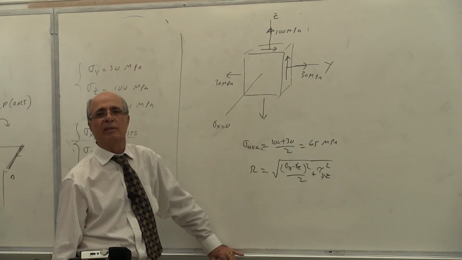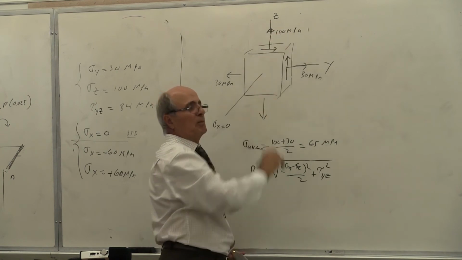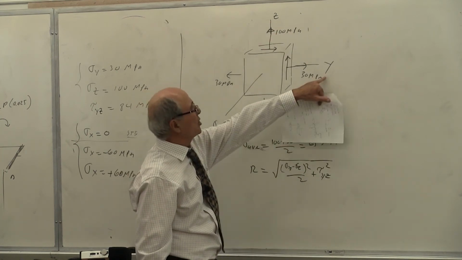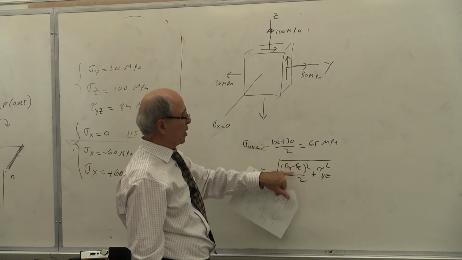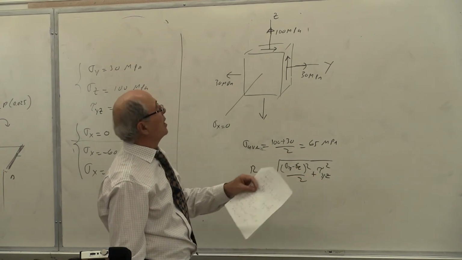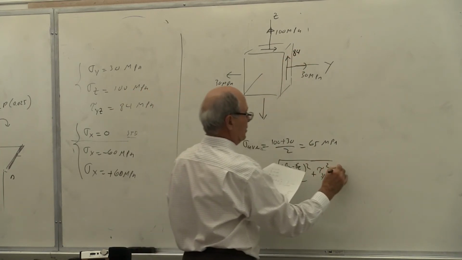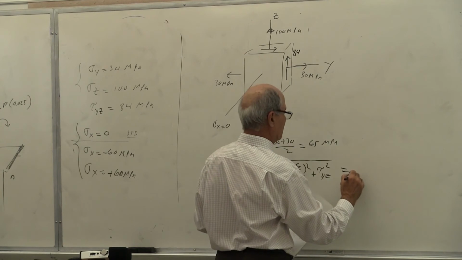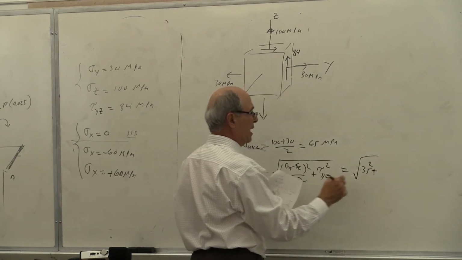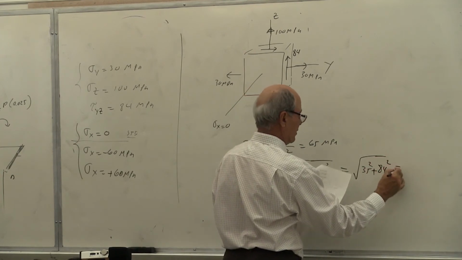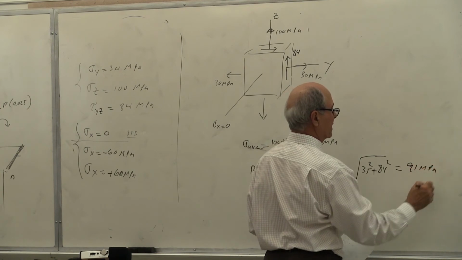So it is 30 minus 100, which is 70 divided by 2, 35 squared, plus 84 squared. You can get this from the Mohr circle more easily. So it becomes equal to 91 megapascal.